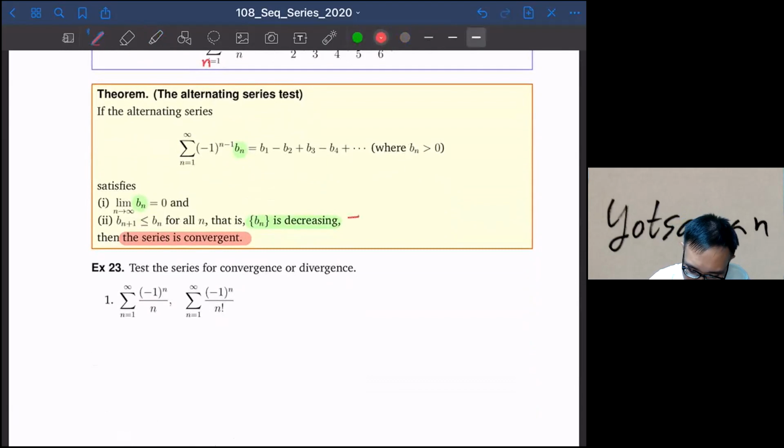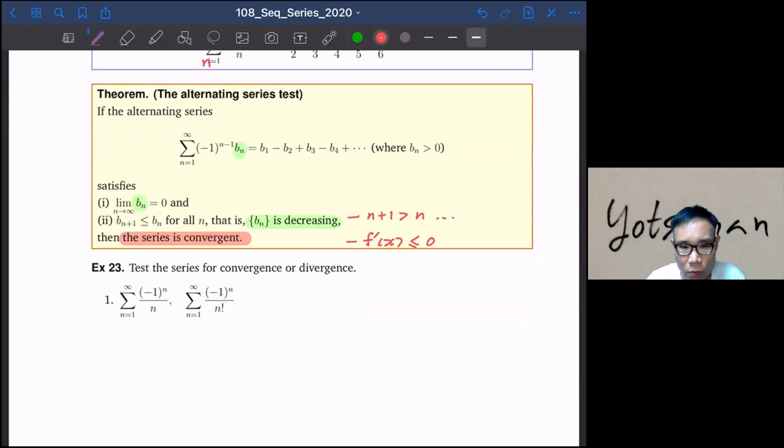For checking decreasing, you can check in two ways. You can use direct comparison: n plus 1 is more than n, and you continue working on this. Or you can differentiate and check that f prime is smaller than or equal to 0.